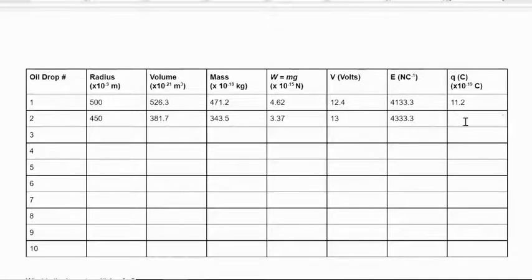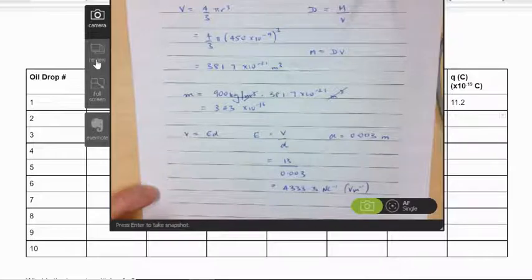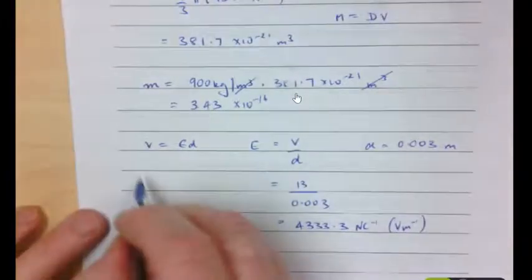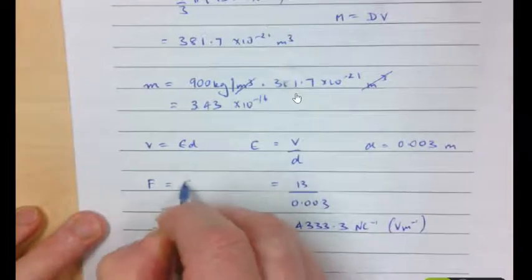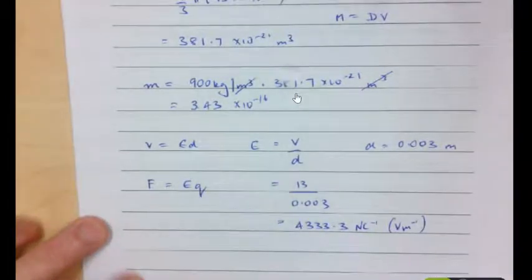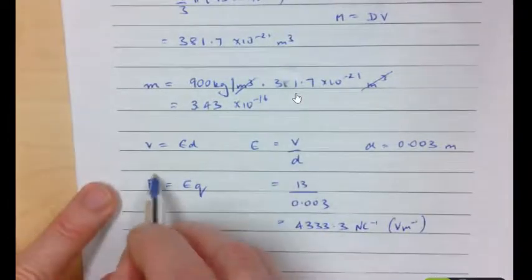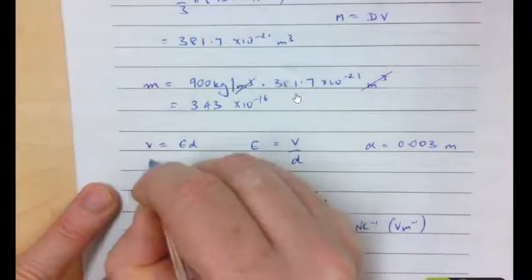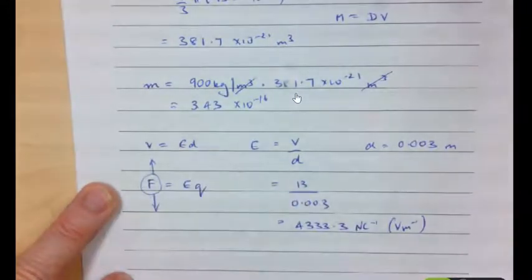Okay. And finally, we can work out the charge on this oil drop by using the last of our formulas, which is, let's go back to full screen, that we know that F equals EQ. Now this F here is the upward force, which must equal the downward force.